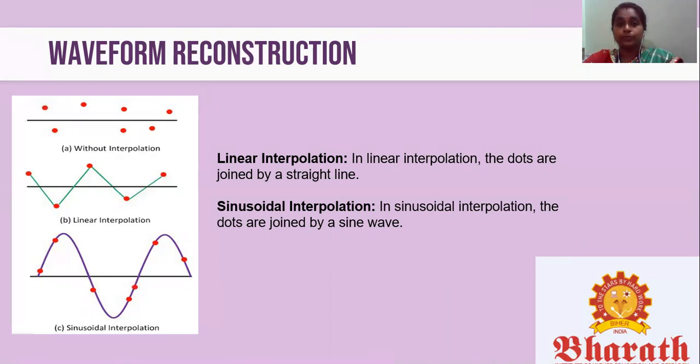Linear interpolation and sinusoidal interpolation are two processes of connecting the points together. In linear interpolation, lines are used for connecting the dots together. Linear interpolation is also used for creating pulsed or square waveforms. For sine waveforms, sinusoidal interpolation is utilized in the oscilloscope.